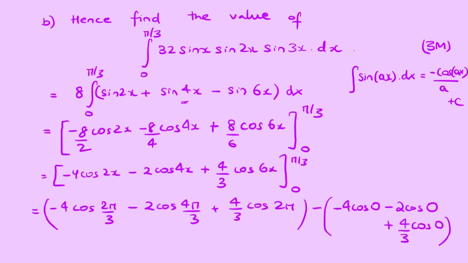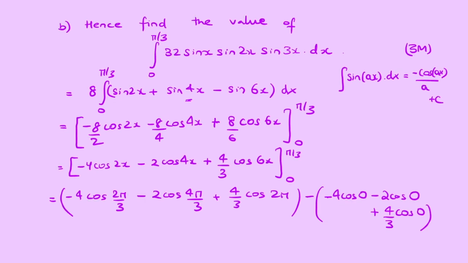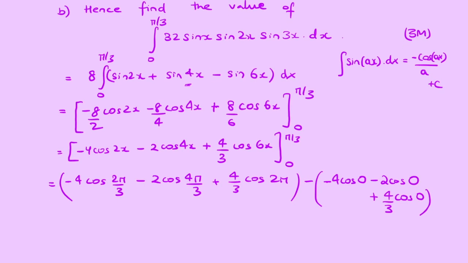All I've got left with now, if I can either use my brains or use a calculator, I will get the same answer. And let's just use a calculator to be safe. So I am ending up with, let's find out. I'm just going to work this out in one go.